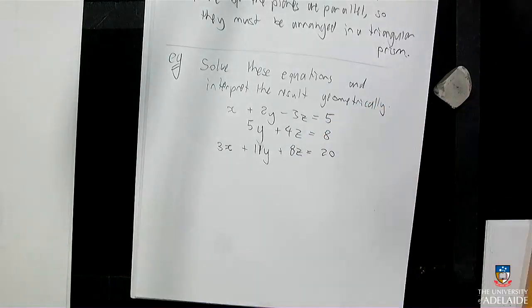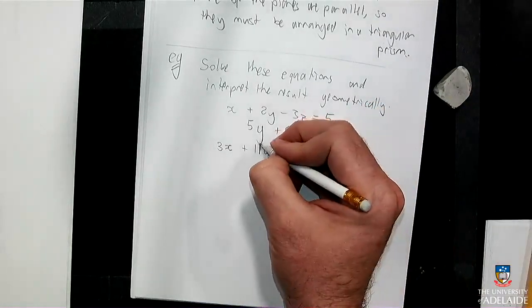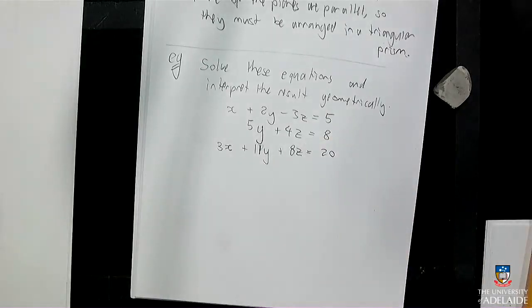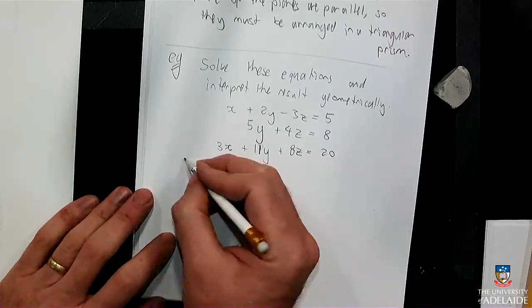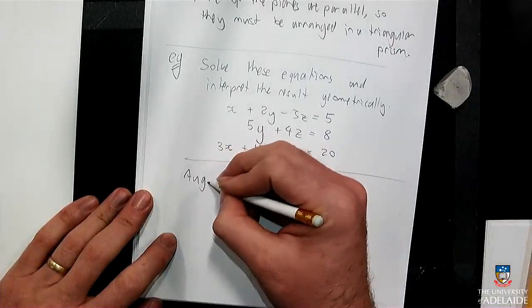All right, let's do this one. They don't all have to be whole numbers, but it's easier for me to think of problems if I'm using whole numbers. So I'll set up my augmented matrix.